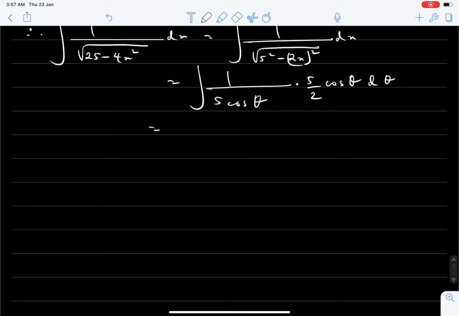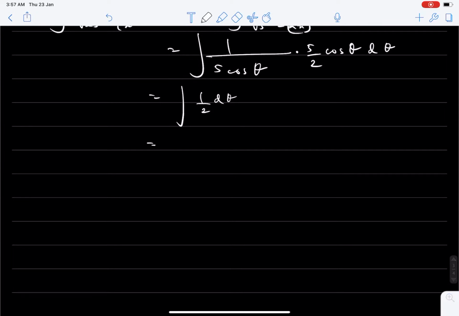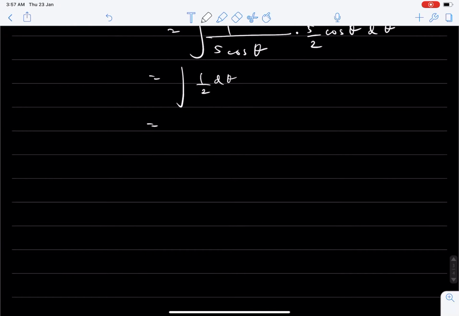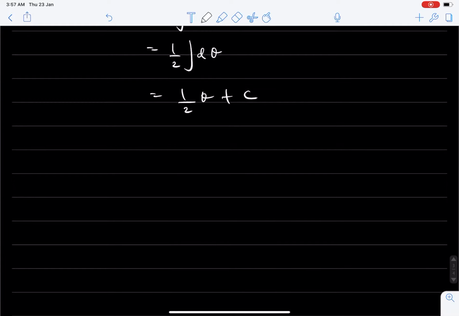This is equal to the integral of 1 over 2 with respect to theta, which is the same as 1 over 2 multiplied by the integral of 1 with respect to theta, and that's half theta plus c.